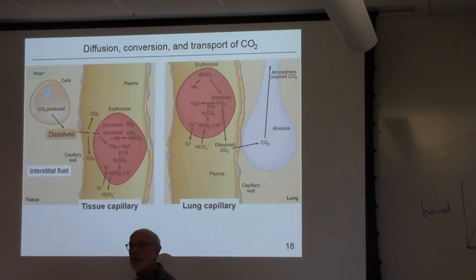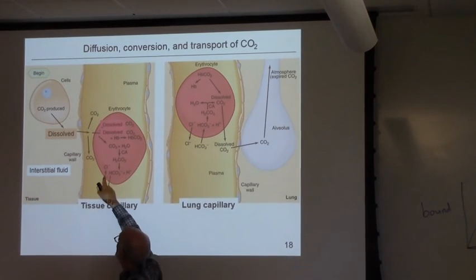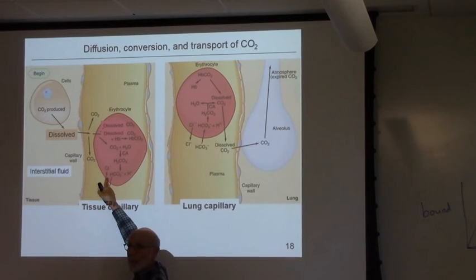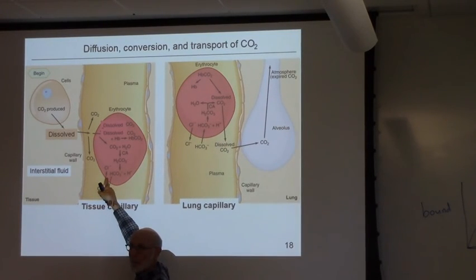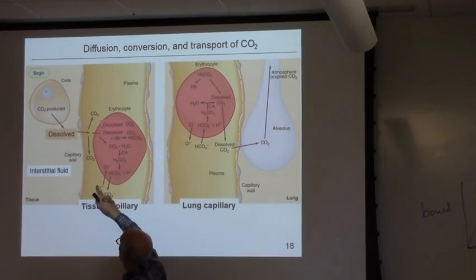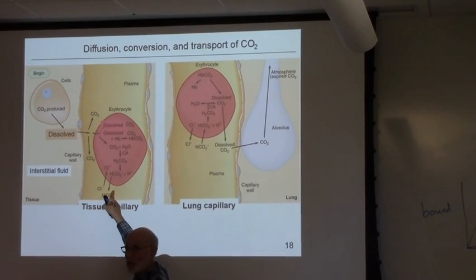This is a Sal-Phys level question. What is this protein? Looking for a name or a type? Type. Is it an antiporter? It's an antiporter. It's an exchanger. It's the chloride bicarbonate exchanger.